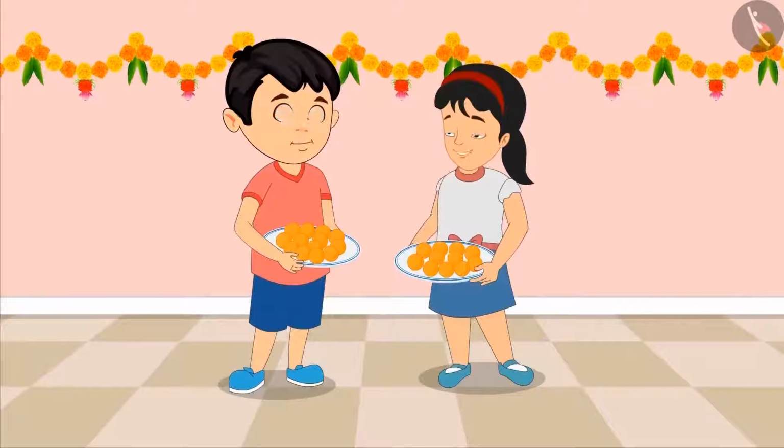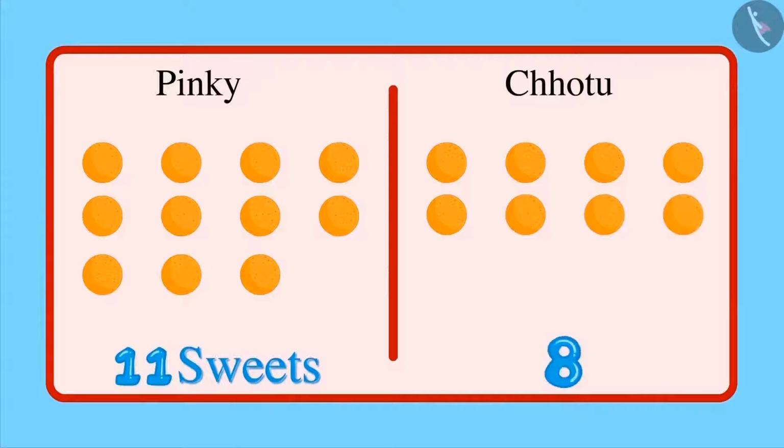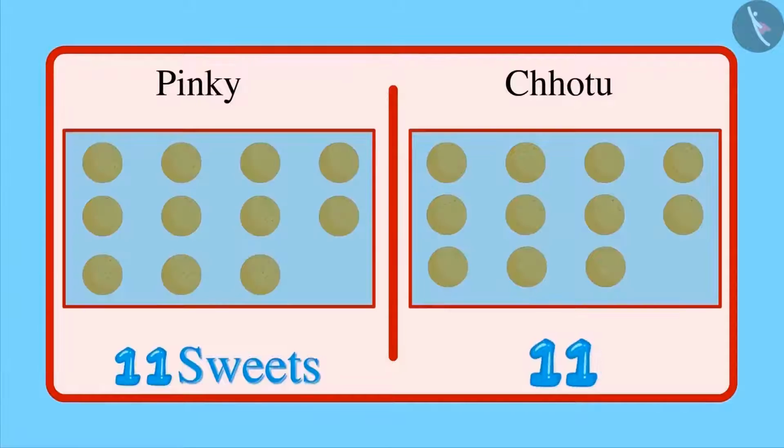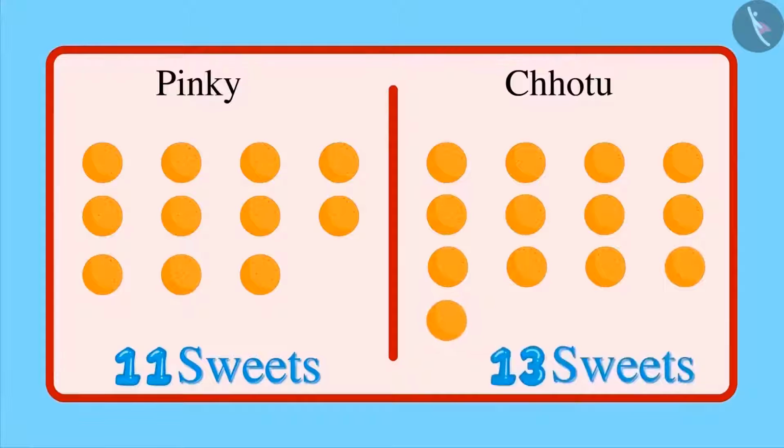Now you count the number of sweets in your plate. 1, 2, 3, 4, 5, 6, 7, 8, 9, 10, 11. That's equal to the number of sweets in your plate. But there are more, 12 and 13 sweets.